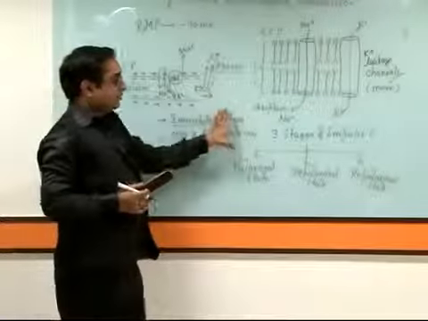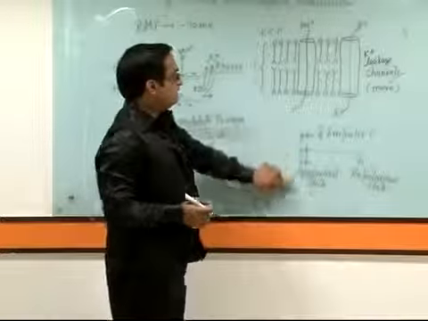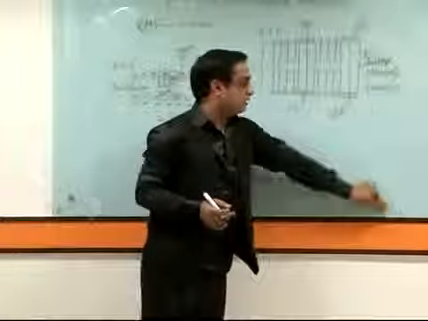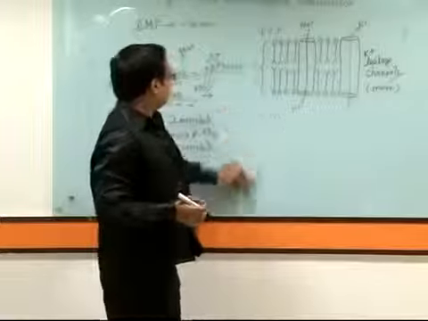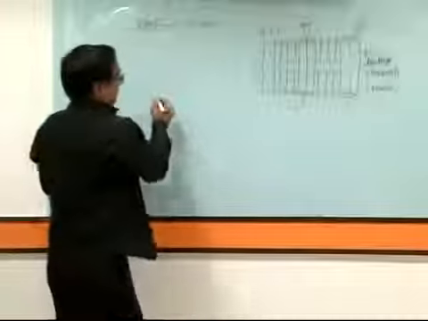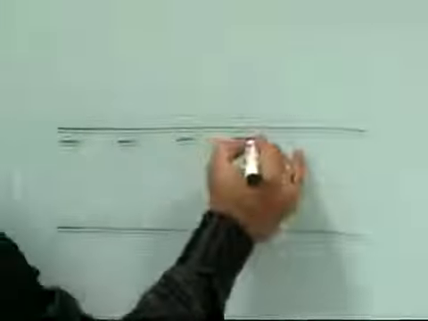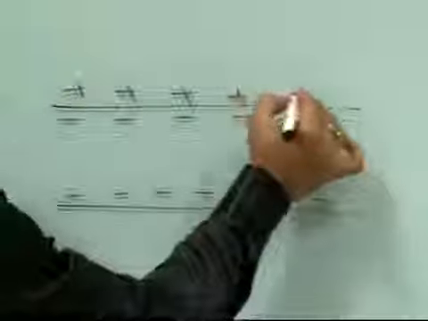The second stage of impulse transmission is depolarized state. Now let's see how depolarization occurs, or how the change in polarity is brought about. This is axon. In normal state we said inside is negative, outside is positive.